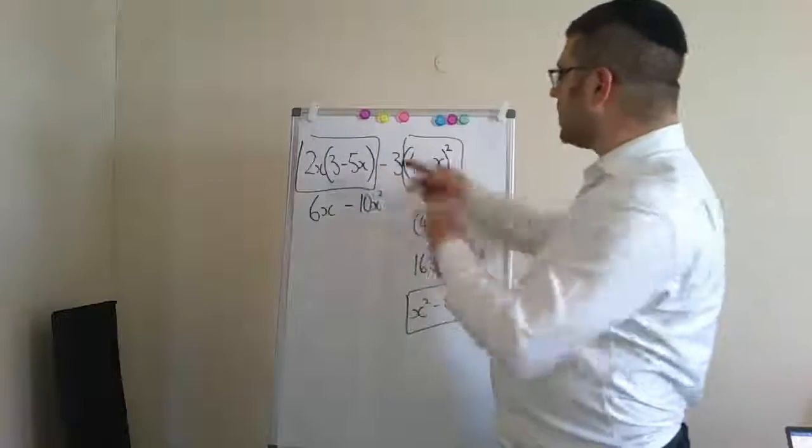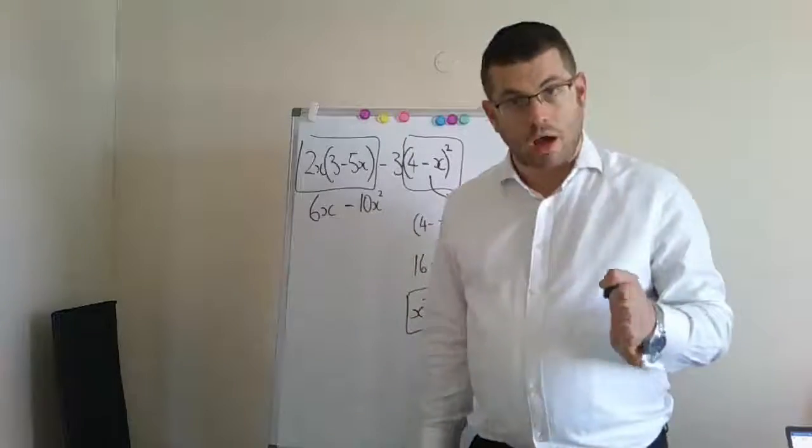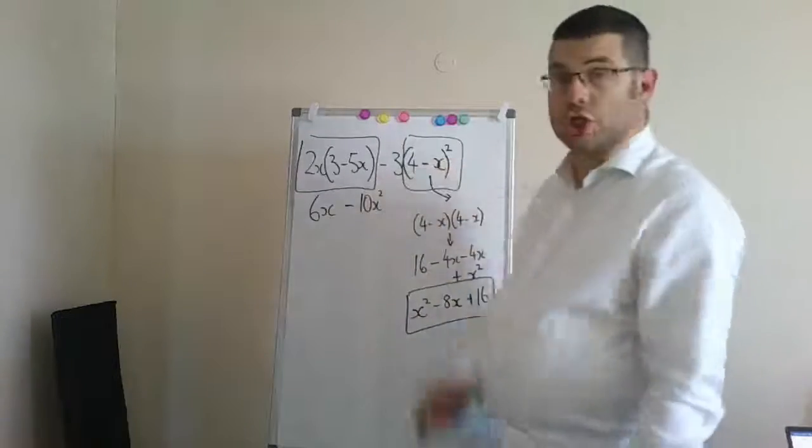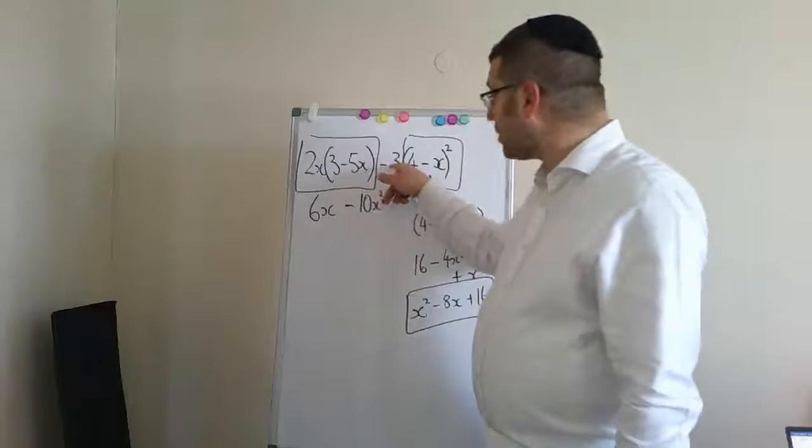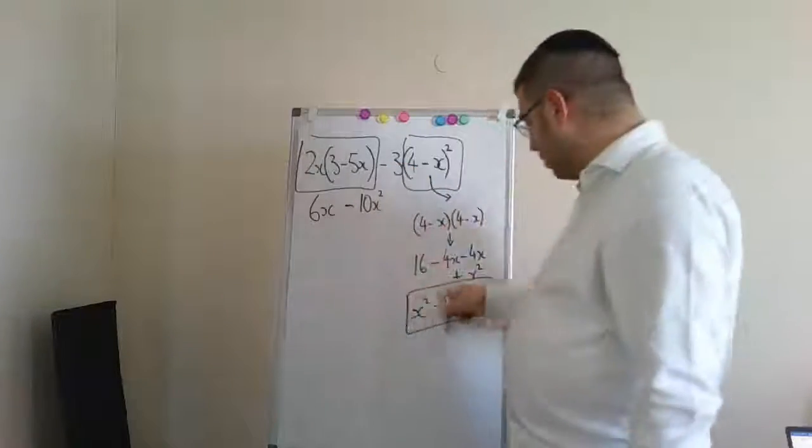Now let's bring the 2 together with the minus and the 3. But remember, this expansion has to be put in a bracket. The minus, and in this case the 3 as well, has to come before all of this.